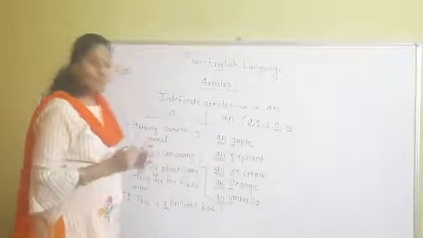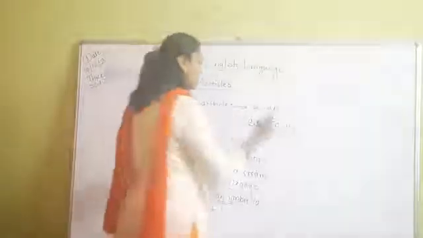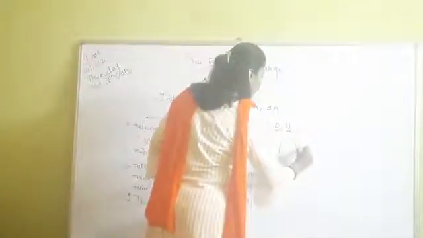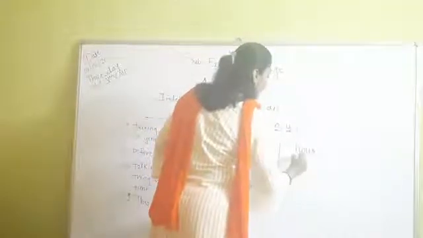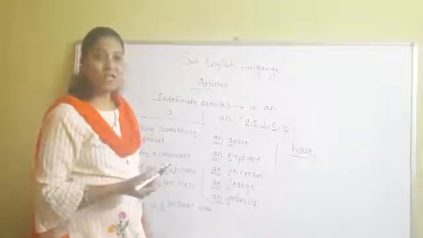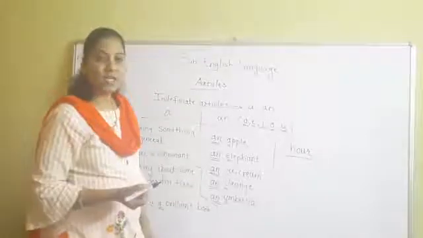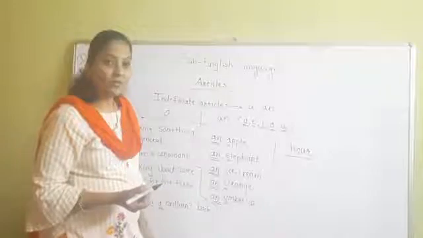Now there are some exceptions. Now which are those exceptions? Now see this word. What is this word? R. We pronounce this word as R. We are saying this word as R, not our.